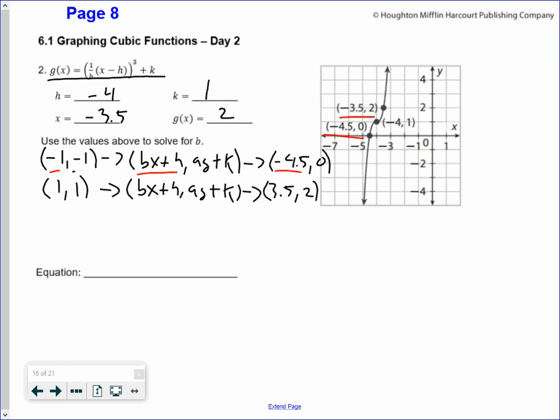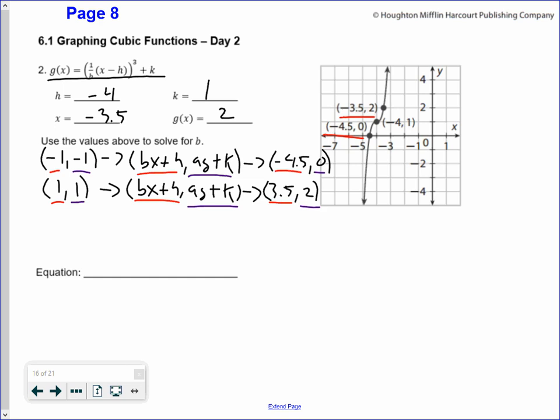When I put this negative 1 into ay plus k, I get 0. Same thing with 1, 1. If I take this 1 and plug it into bx plus h, I get negative 3.5. When I take the y value of the reference point and plug it into ay plus k, I get my transformed point of 2.